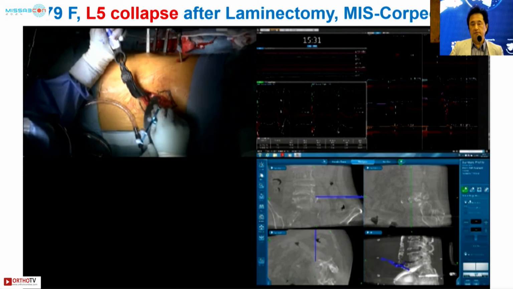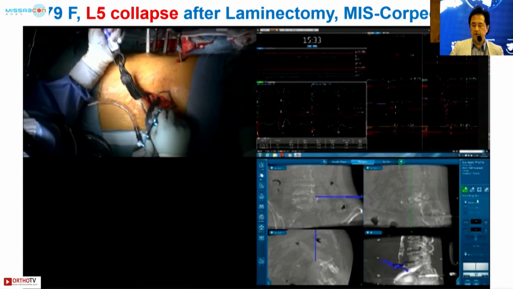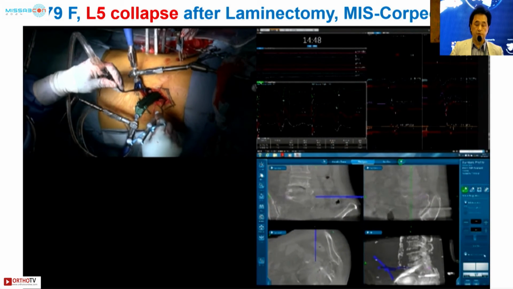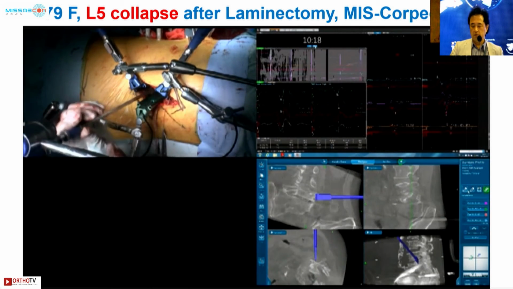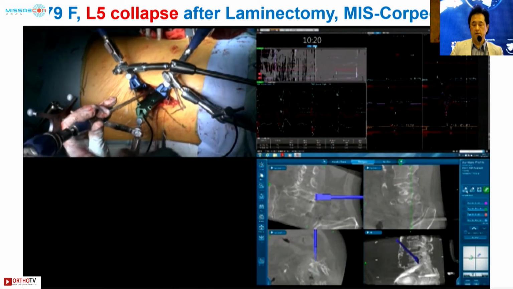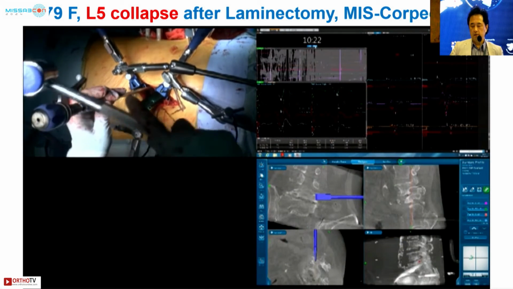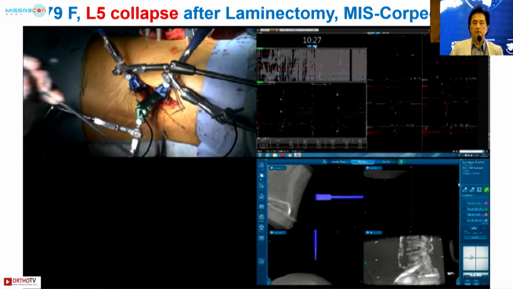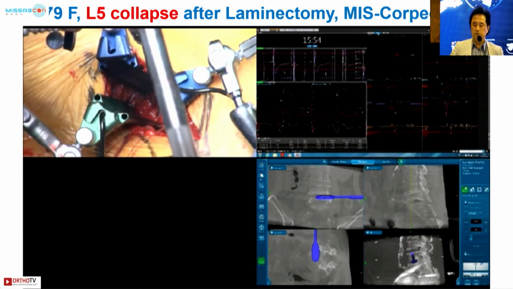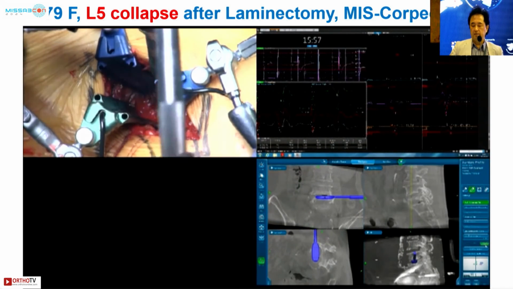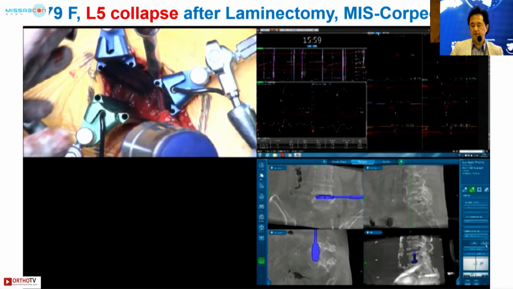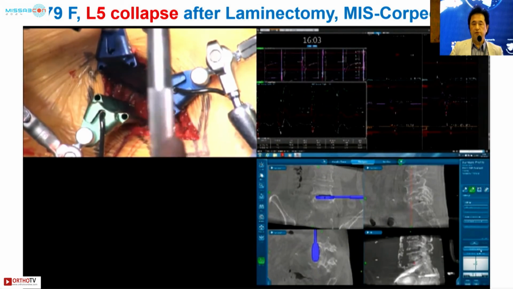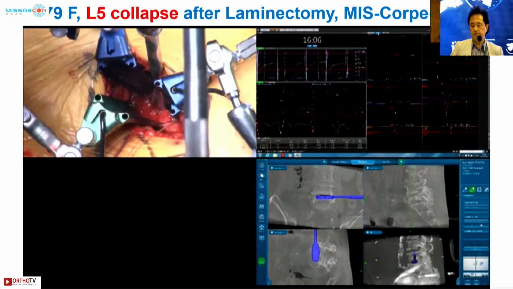And remove the vertebra with a navigated osteotome. This is very useful. This one, you see? And then remove the collapsed vertebra completely, and then measure the size. After that, you can put the expandable cage.